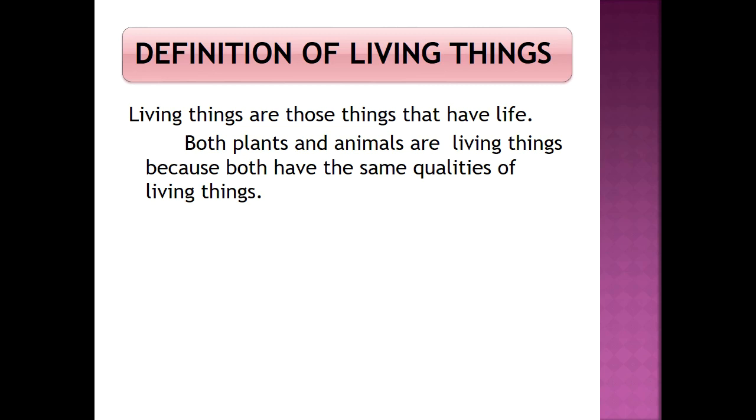So both plants and animals are living things because they have life in them. They can carry out some life activities that non-living things cannot carry out, like movement, respiration, reproduction, feeding. These are some of the qualities of living things, and both plants and animals exhibit these qualities.